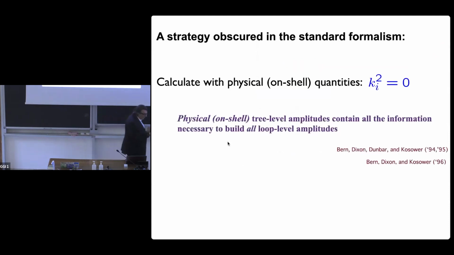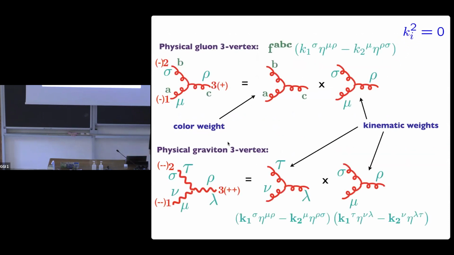One of the most important insights we're using is that we should be calculating with physical on-shell quantities. When we do this, our expressions are incredibly compact, even at intermediary stages. And one of my favorite places to look at this is even just the 3-point amplitude for both gauge theories and gravity theories. And you see it's incredibly compact in both theories.